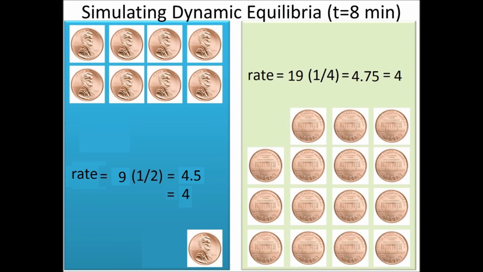So the system has reestablished equilibrium because the rates of the forward and the reverse reaction are again equal. The value of the equilibrium constant is still approximately 2, and the rate constants have not changed.